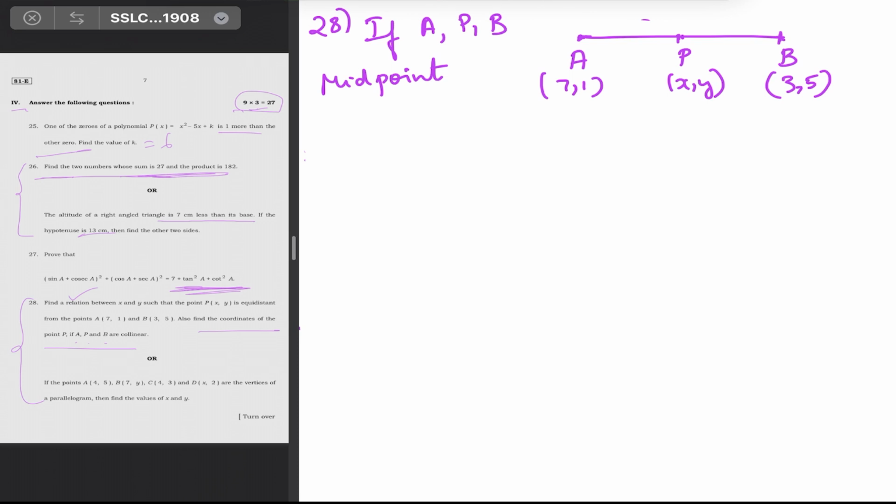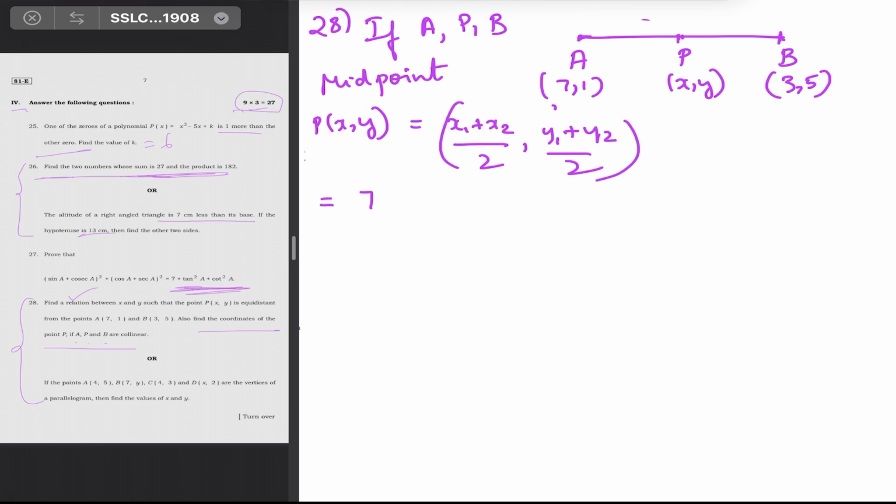So, we can simplify using the midpoint formula, which is (x1 plus x2) by 2, comma (y1 plus y2) by 2. Here this is x1, y1, this is x2, y2.